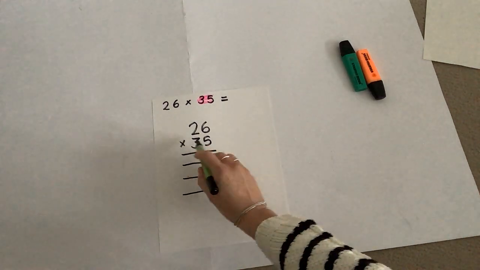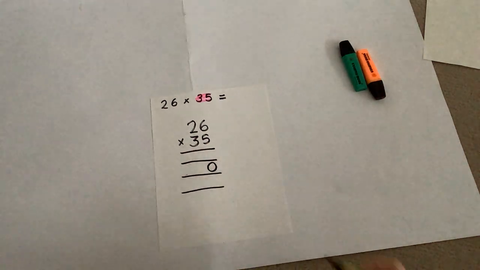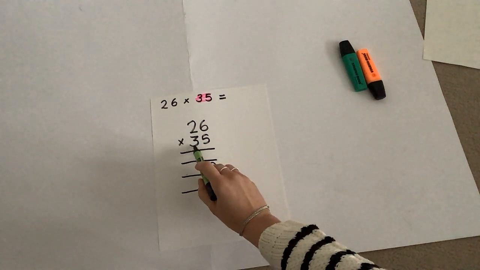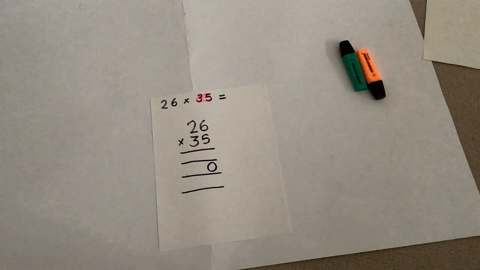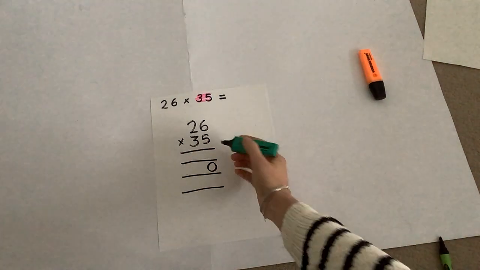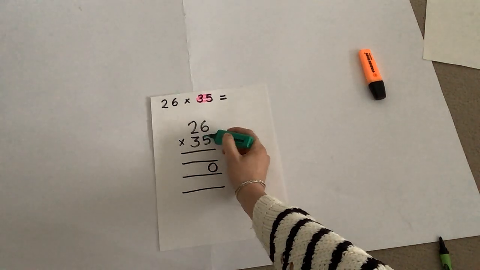This is a tens number, 35, 3 tens, 5 ones. So I'm going to need a placeholder here because I'm going to be multiplying by a digit that is in the tens column.